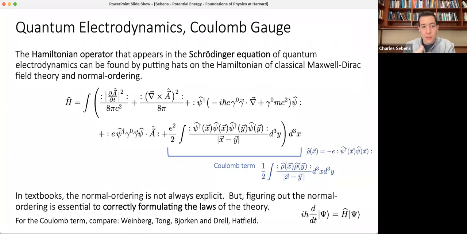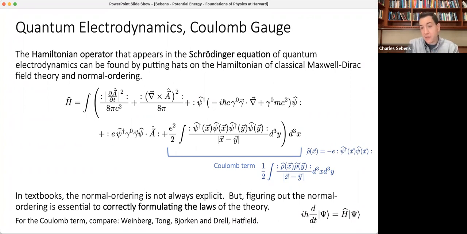Okay. When we move to quantum electrodynamics, you now have a Hamiltonian operator. In the Hamiltonian operator, we now switch from psi to operators for the fields. For the Dirac field, we switch from A to an operator for the electromagnetic field. What I think we also have to do, when we're being careful about the Hamiltonian of quantum electrodynamics, is to include these dots for normal ordering.